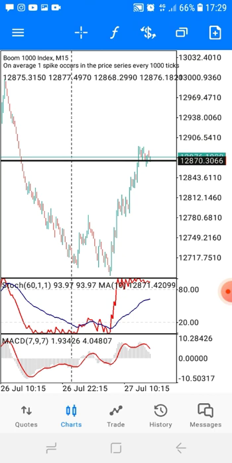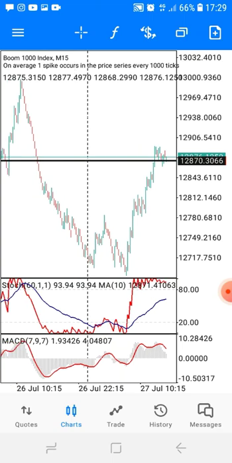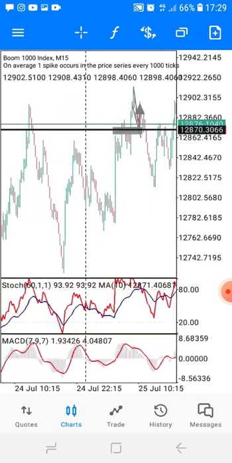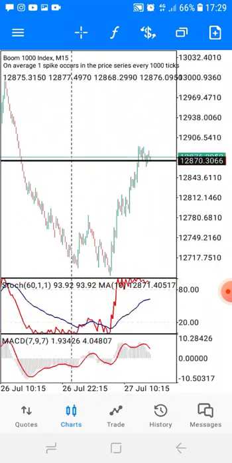What is a trend? What is a downtrend? What is a ranging market? I don't think there's anybody who doesn't know that. So, the first step, M15 uptrend. I hope you're writing it in your book or on your phone somewhere. This is the first rule. M15 uptrend.